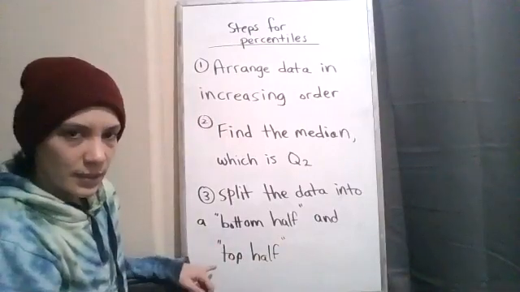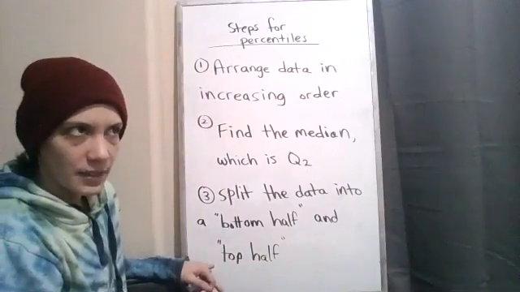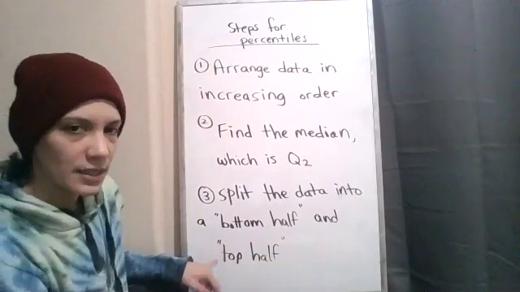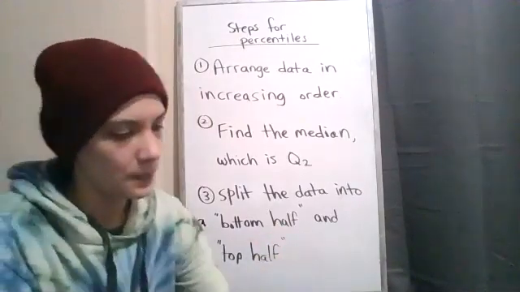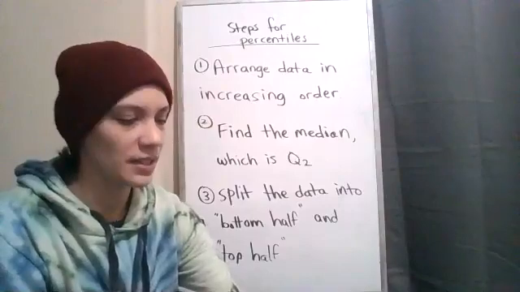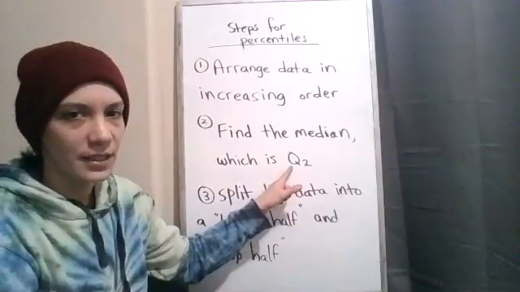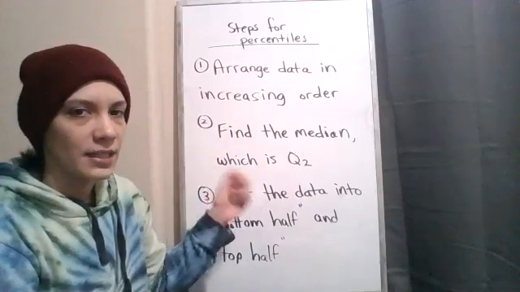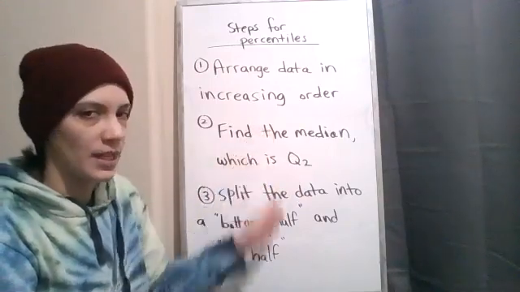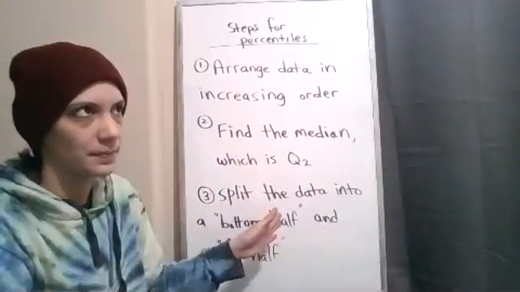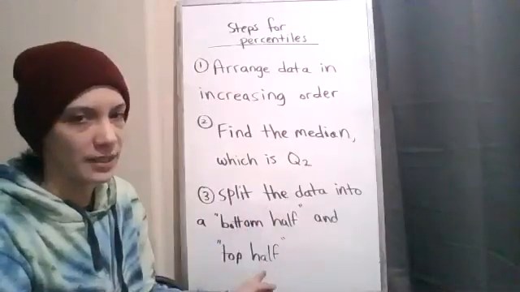So this is where there could be different situations. If the number of observations is odd, you include the median in both halves. If it's even, then you're able to just split the data. We'll practice it.